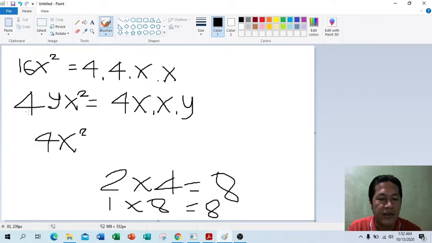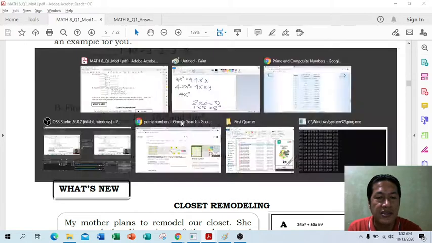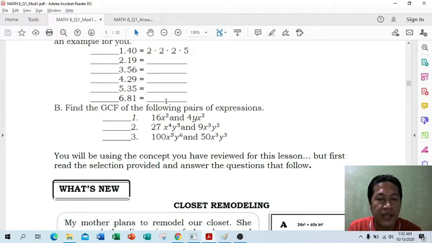The factors of 4y squared are 4 times y times y. So what do they have in common? 4 times x... so 4x squared. So the GCF, or greatest common factor, of 16x squared and 4y squared is 4x squared. You answer numbers 2 and 3. Okay? So, move on.